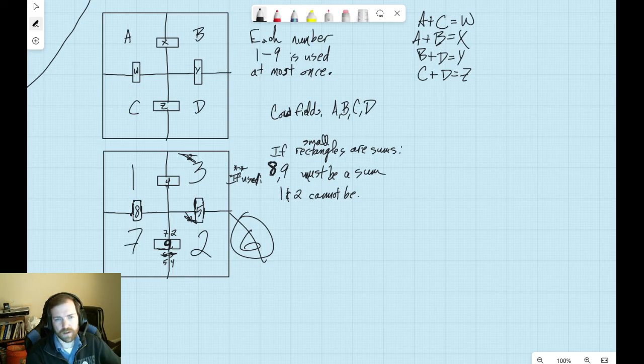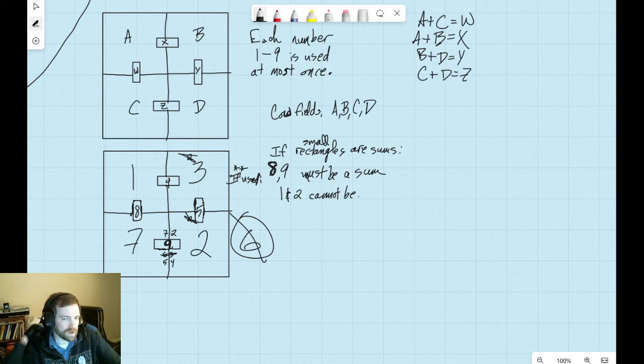Let me know if I'm answering this correctly, but each number 1 through 9 is used at most once, and so there are 8 locations where you can put numbers.